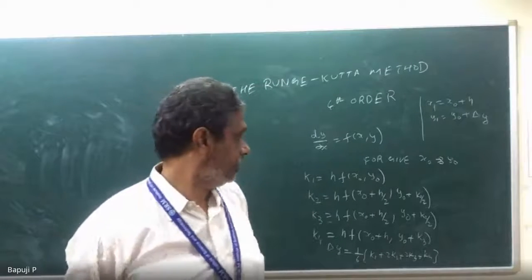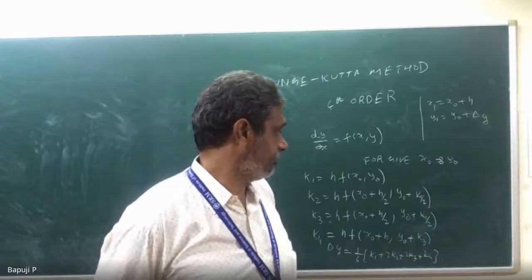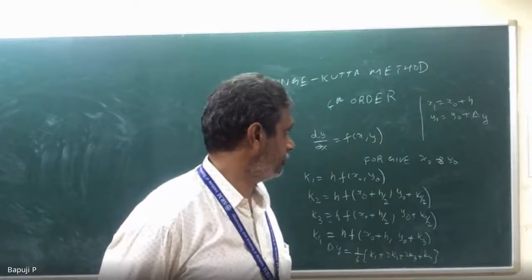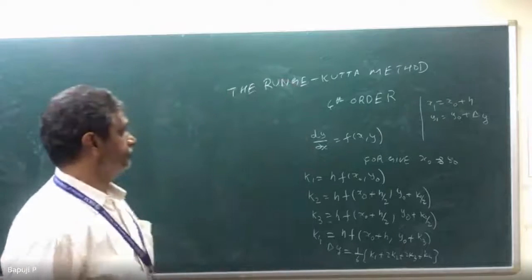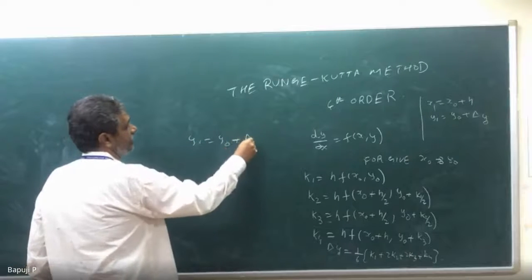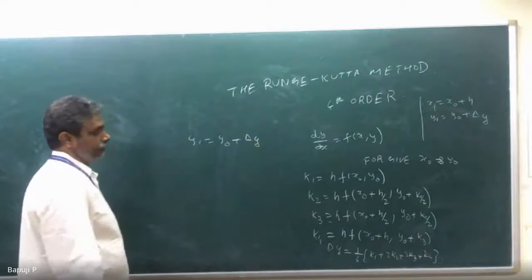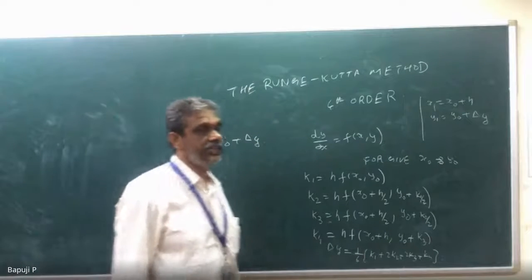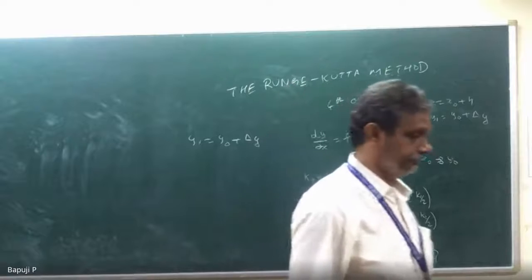Copied? Then delta y is equal to 1 by 6 of k1 plus 2k2 plus 2k3 plus k4, where y1 is equal to y naught plus delta y. So to find delta y you need k1, k2, k3, k4.